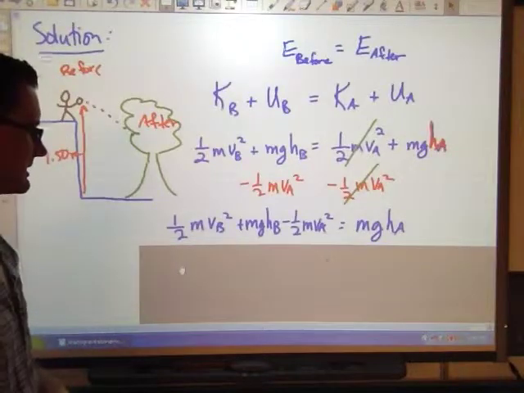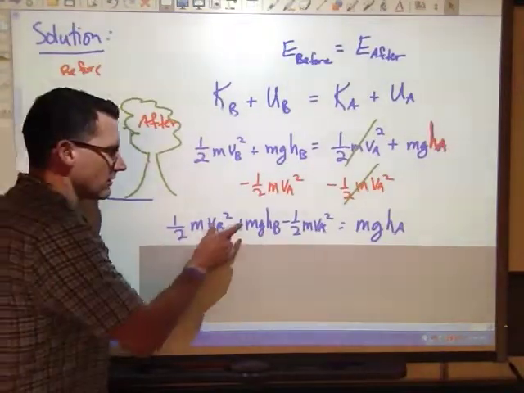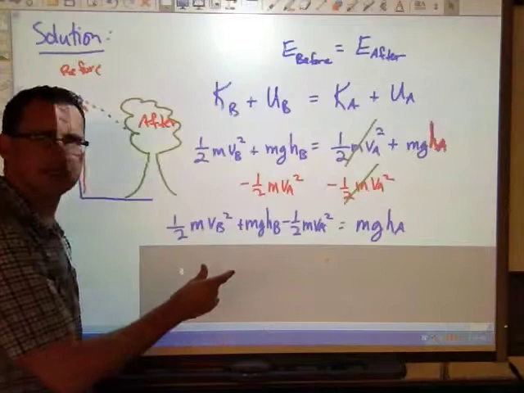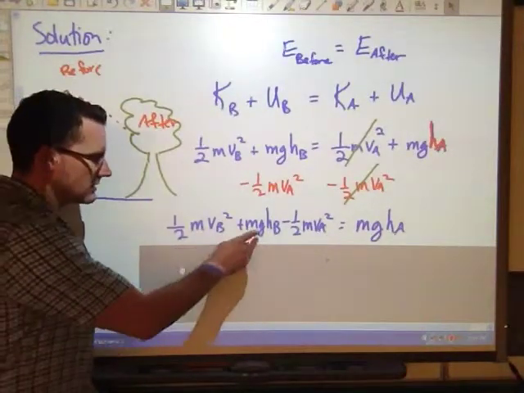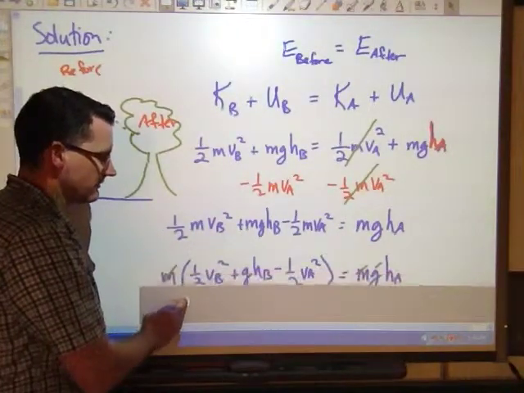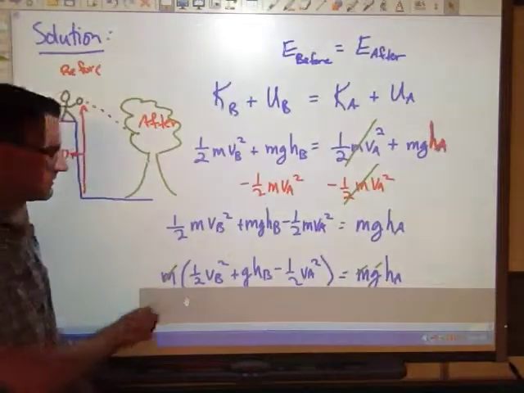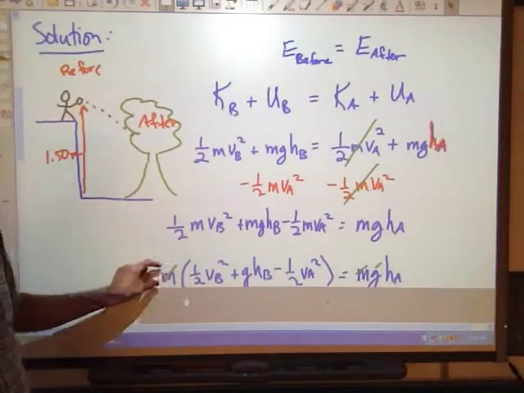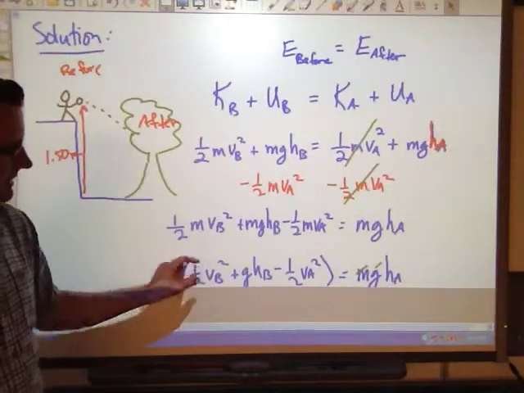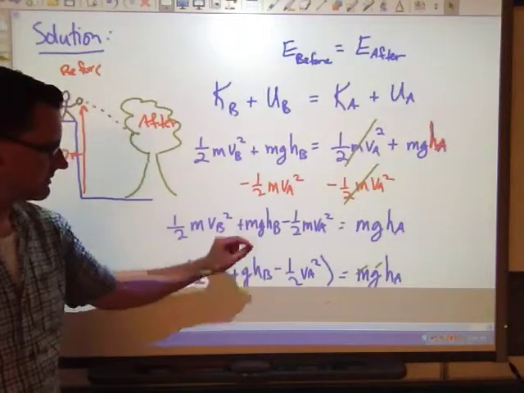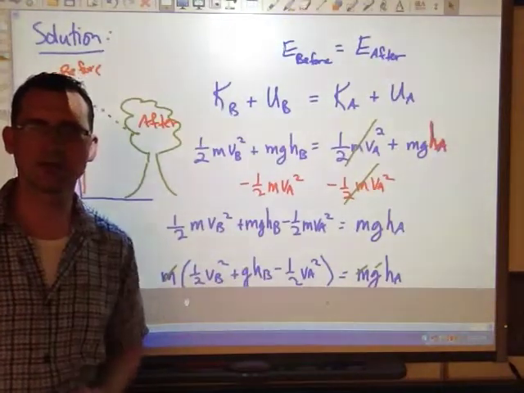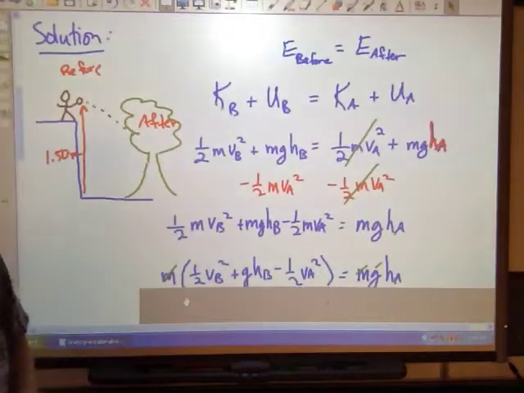And of course you can see something here. I have something that's common in all three of these terms. What is it? It's mass. So I'm just going to factor that out. Factor out the m. M times 1/2 vb squared, m times g hb, and so on. Hopefully you remember factoring because that comes into play here.